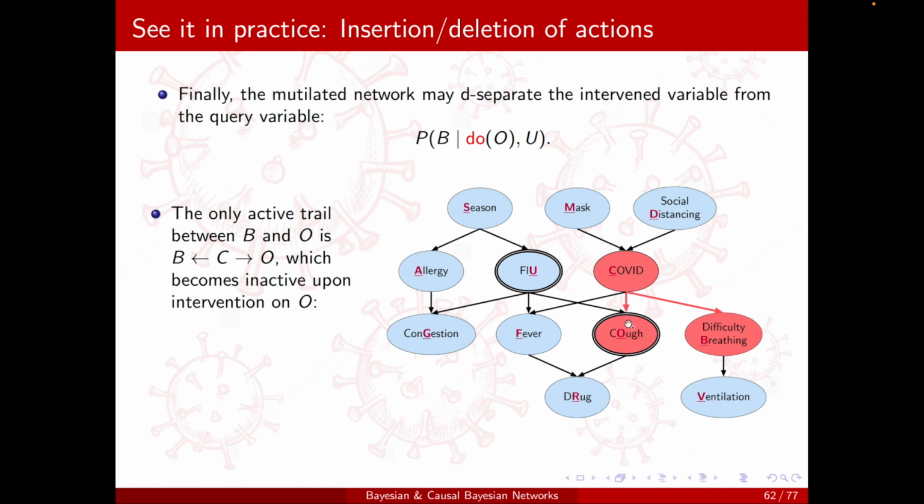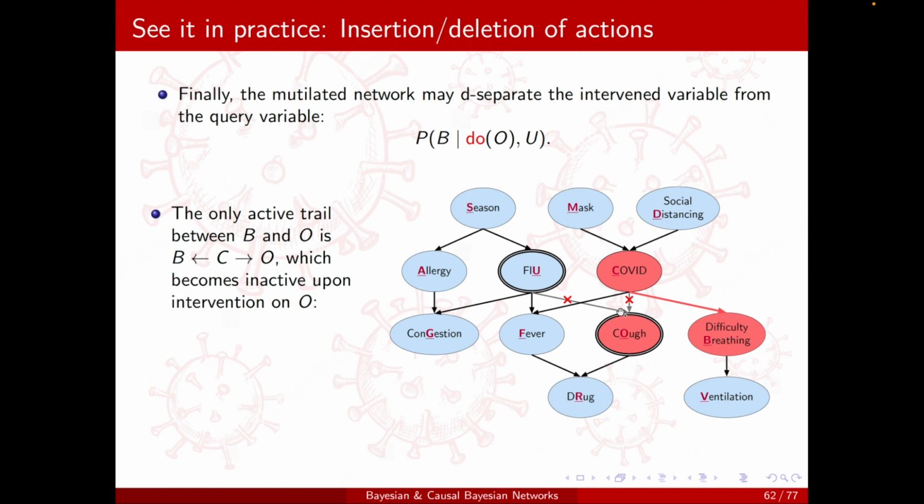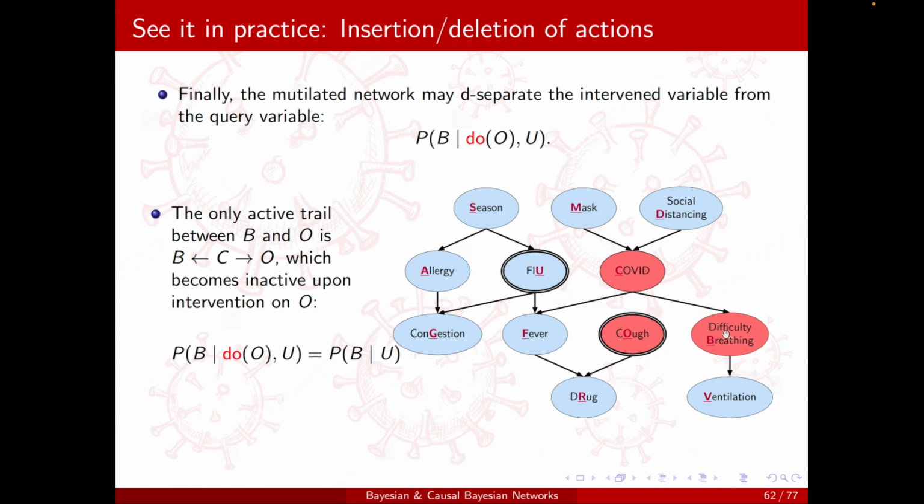This trail becomes inactive once the graph is mutilated. So I remove the incoming edges to cough. Difficulty breathing becomes d-separated from the intervened variable, and therefore I can just remove the whole do of O.